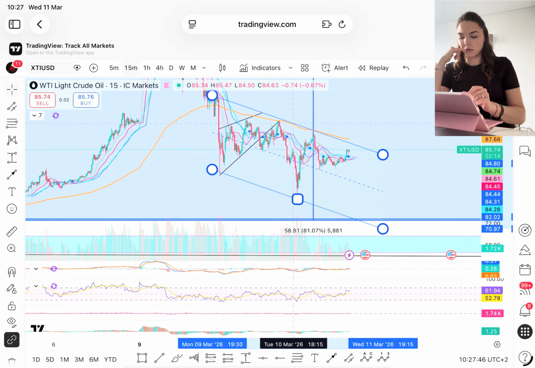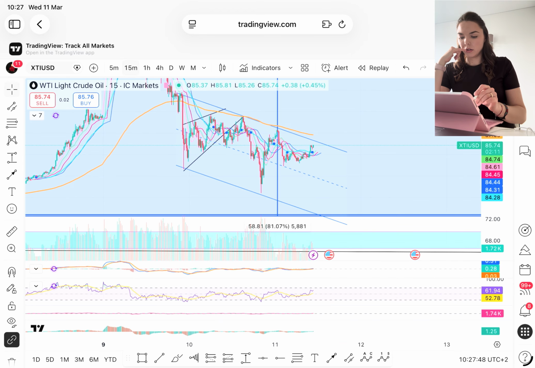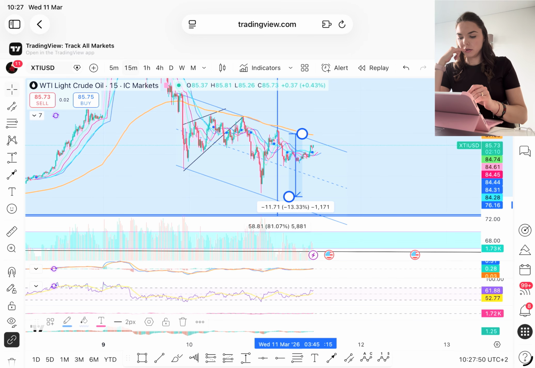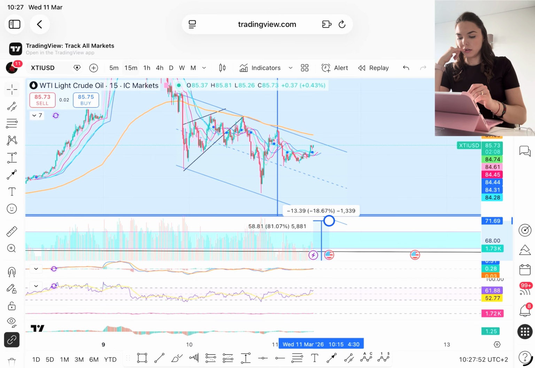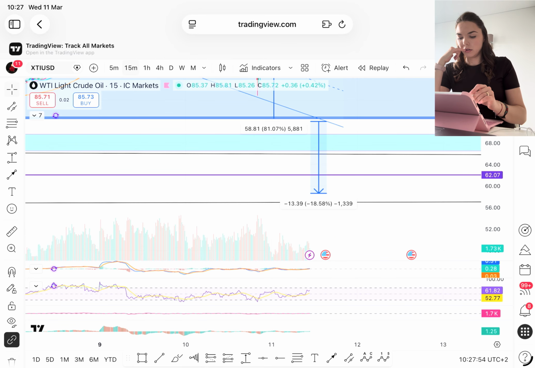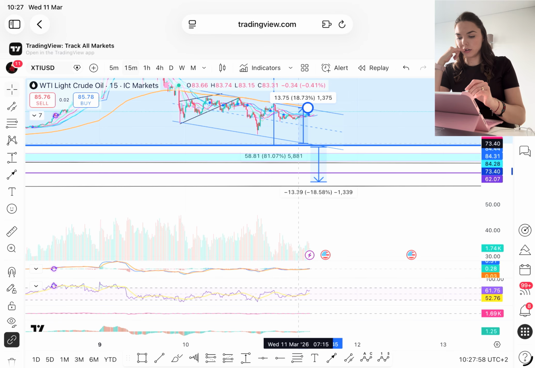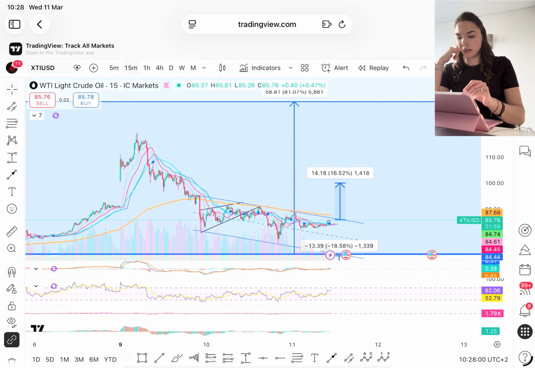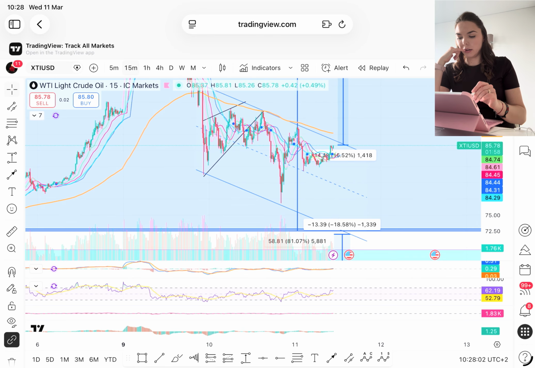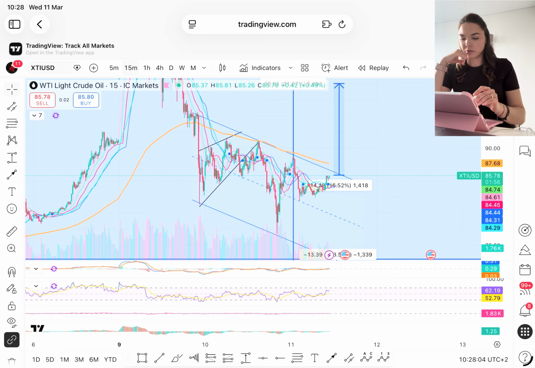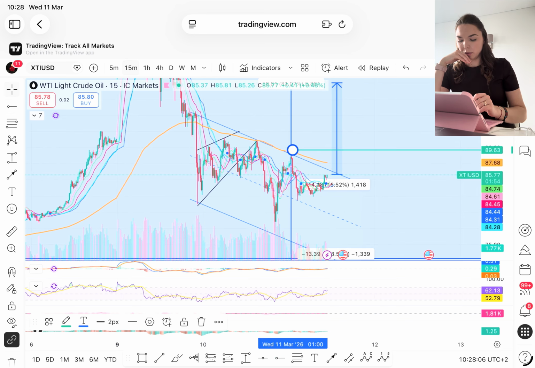So it could go down and even test the wedge that I had, and then go up as well. I would even put another alarm for myself here.